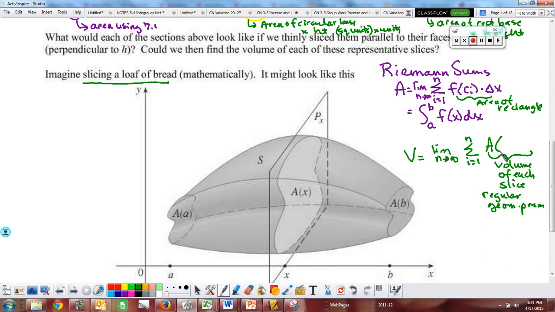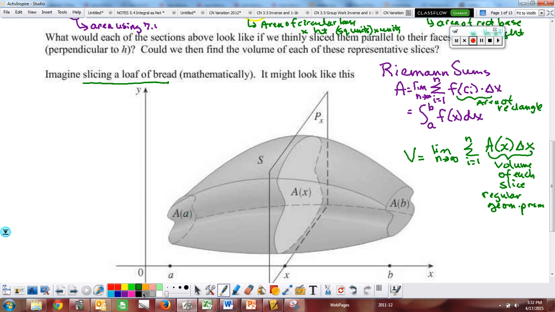We find the area of the base, and because we're slicing it vertically, a little bit of review, it's going to have a function of x, just like this was a function of x, and then we're going to have our delta x, our width of each one. So we're going to do exactly the same thing we did before.